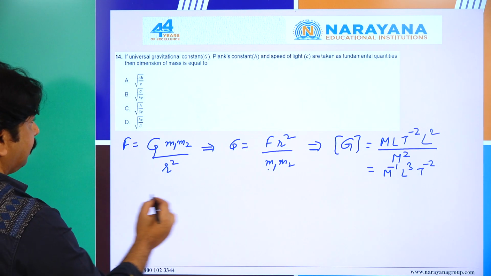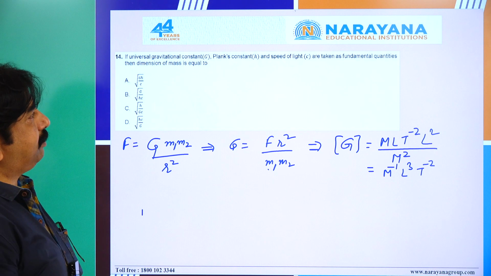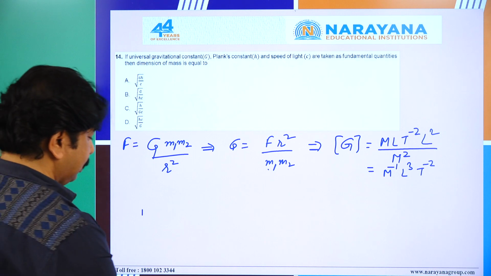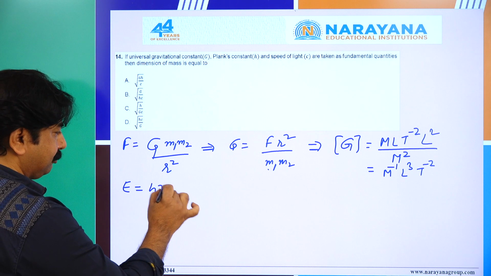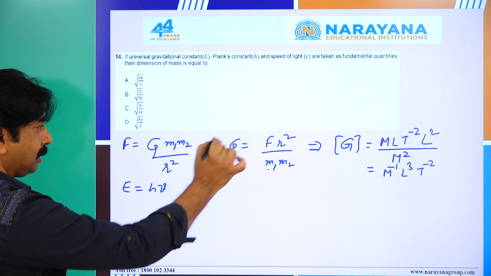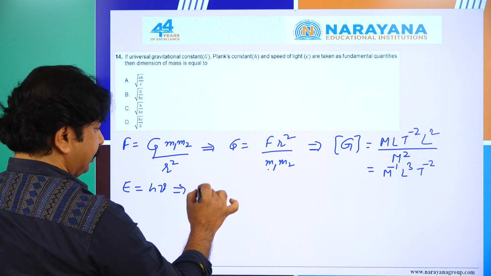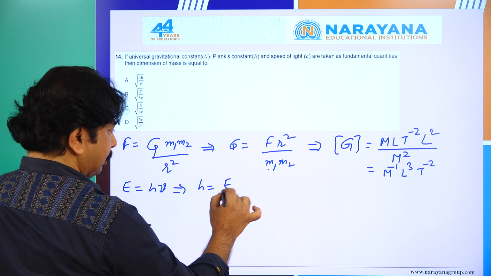Similarly, what is the general formula related to Planck's constant? Already we know E is equal to h nu. From that one we can write h is equal to E by nu.